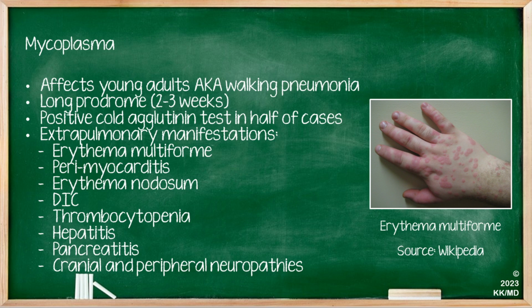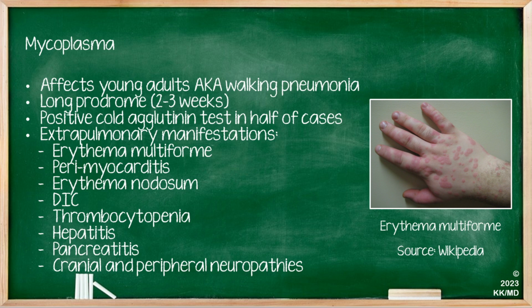And the other thing for part 1 examination is that it can lead to a positive cold agglutinin test in half of the cases. There are quite a few important extrapulmonary manifestations associated with Mycoplasma pneumonia, which include erythema multiforme, peri or myocarditis, erythema nodosum, disseminated intravascular coagulation or DIC, thrombocytopenia, hepatitis, pancreatitis, and cranial and peripheral neuropathies.